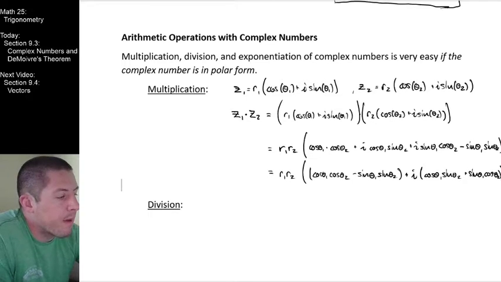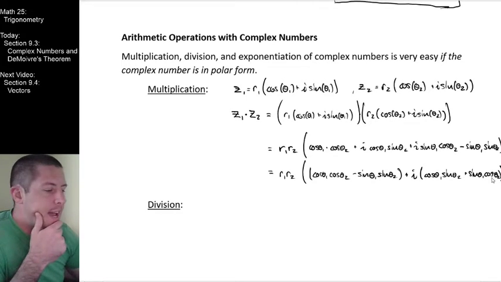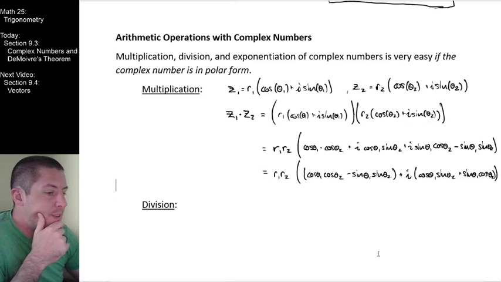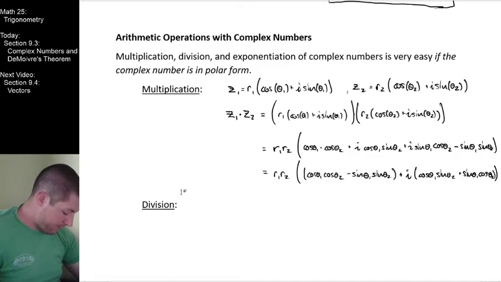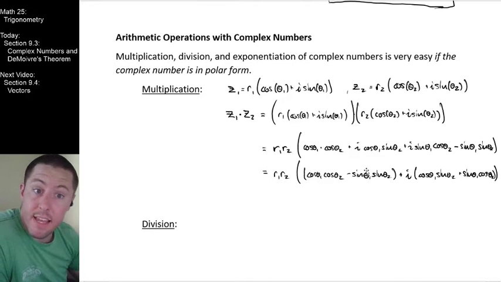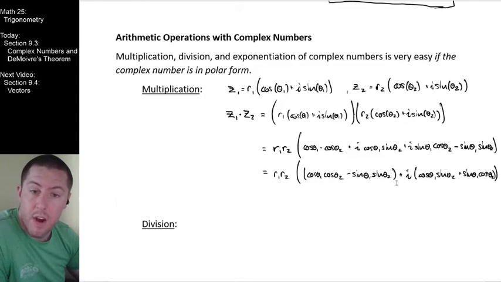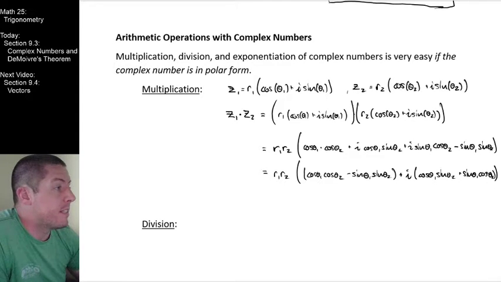Now, I'm going to ask you, where do you recognize these groupings of sines and cosines? Have you ever seen anything that looks like these two groupings right here? And the answer is, heck yeah, you have. You definitely have. I'm going to show you where you've seen them before. All over the place over here.